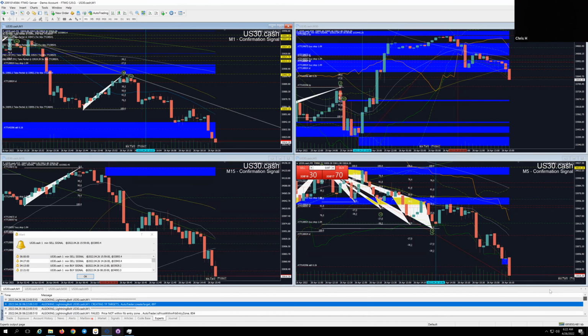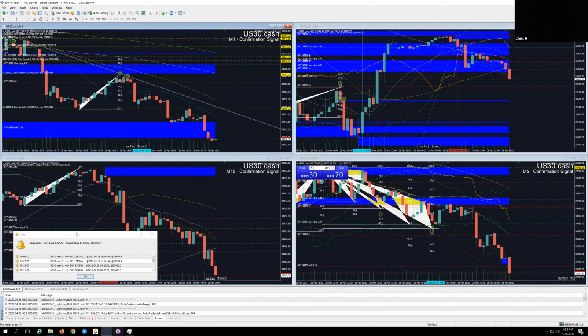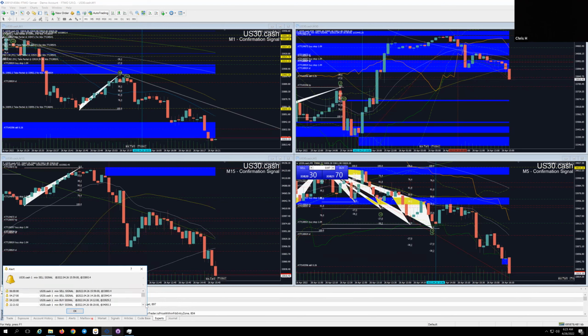It wasn't quite 100% on the swing high. It changed substantially, so I redrew my 5-minute lines, or it redrew its own, and they were much tighter.